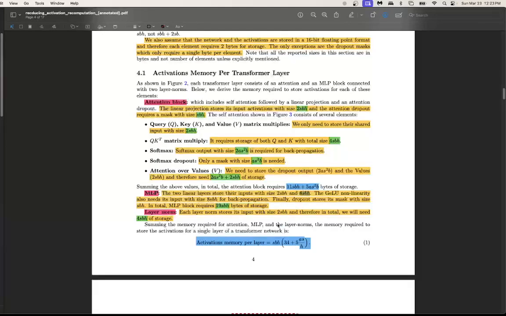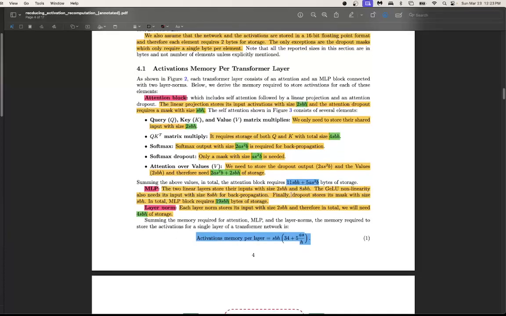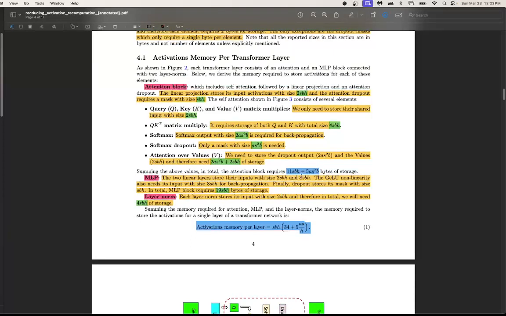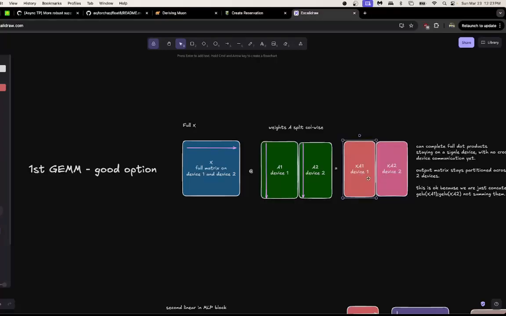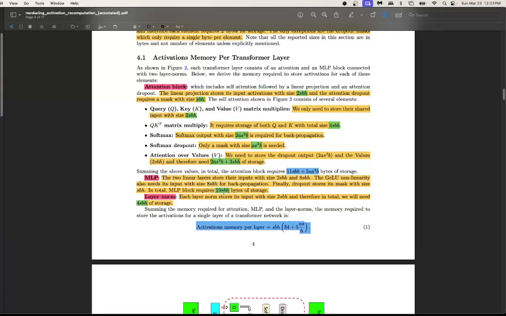We're trying to get to a total of 24 here. We're trying to figure out where this number came from. How are they just stating this arbitrarily? They don't show their work, so let's figure it out. 8 SBH will be partitioned, and then this 8 SBH, the GeLU, is also on this diagram. We're applying GeLU here. That's also partitioned in tensor parallel. So that's 16. 8 plus 8 is 16.